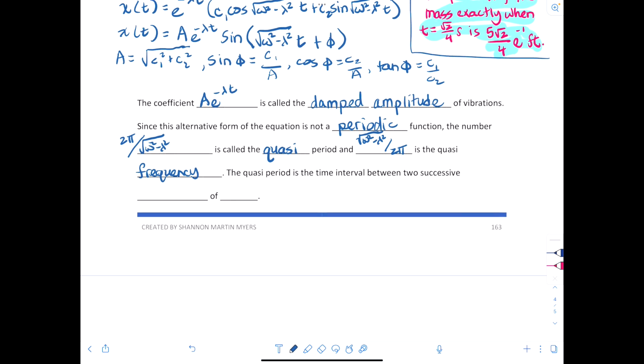The quasi-period is the time interval between two successive maxima of x at t.